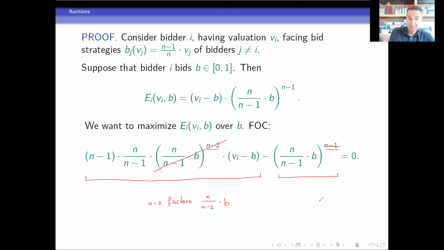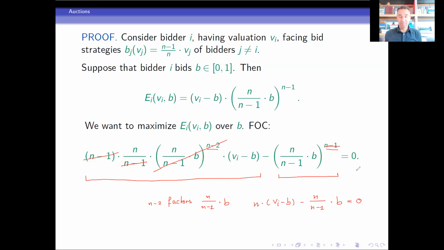And the other thing I can do is then to multiply by n-1. So this n-1 cancels with that one. And what remains is that n times vi minus b minus n divided by n-1 times b is 0.